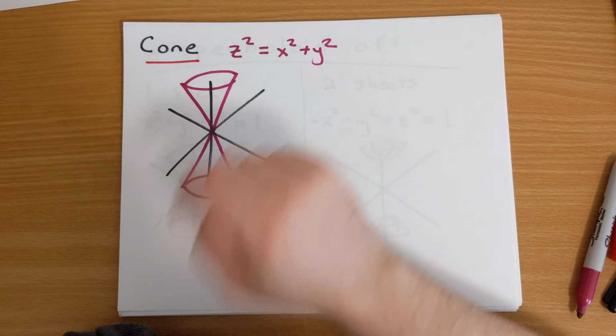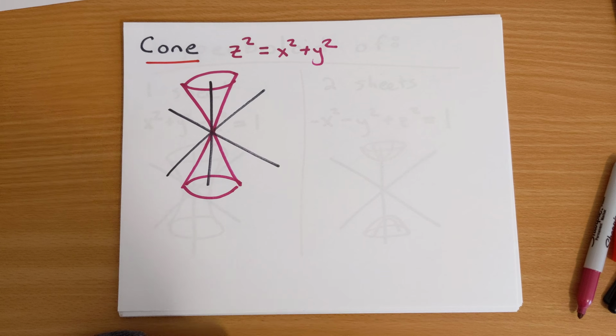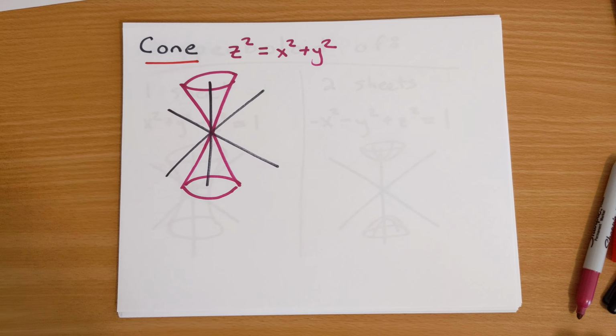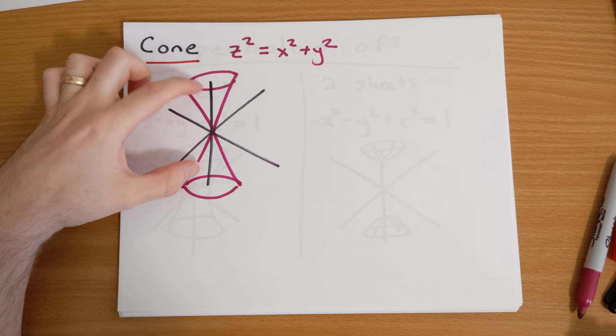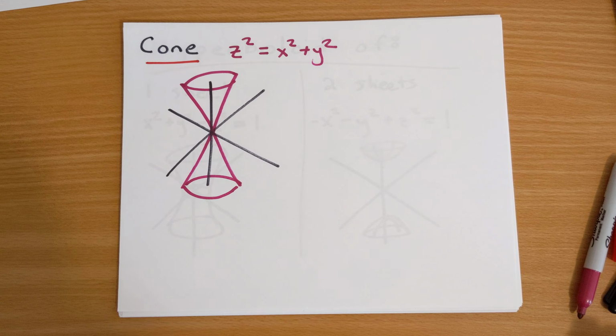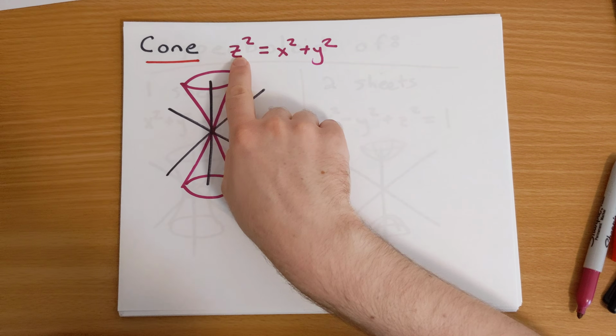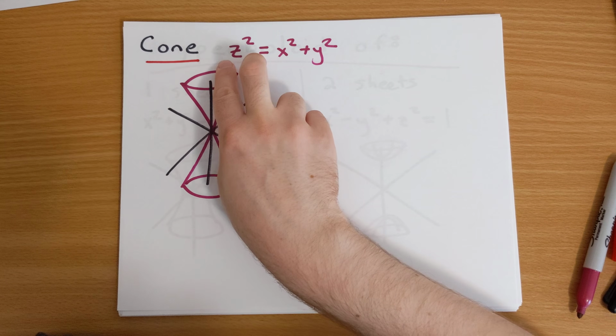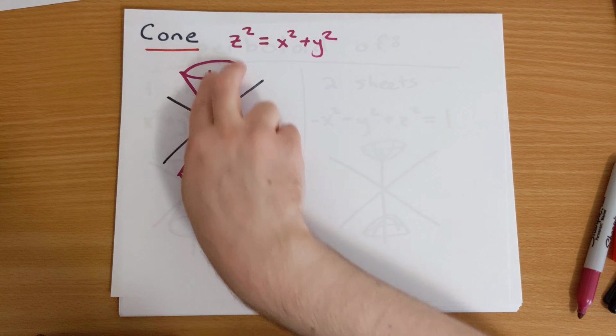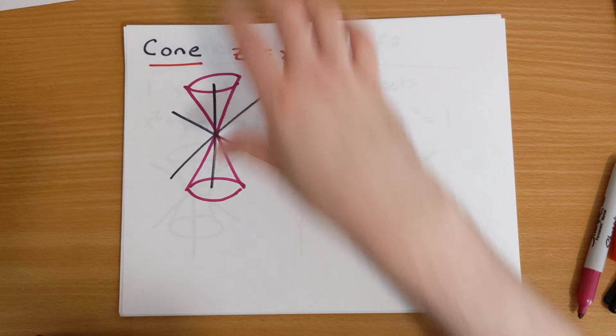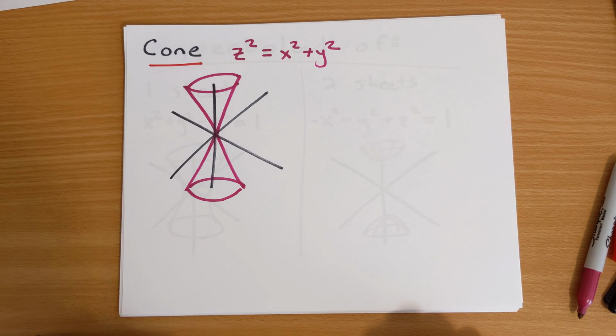So it's of the form z squared is equal to x squared plus y squared, and this is the shape that we get. Note here that z squared is equal to x squared plus y squared. This is centering the cone on the z-axis.